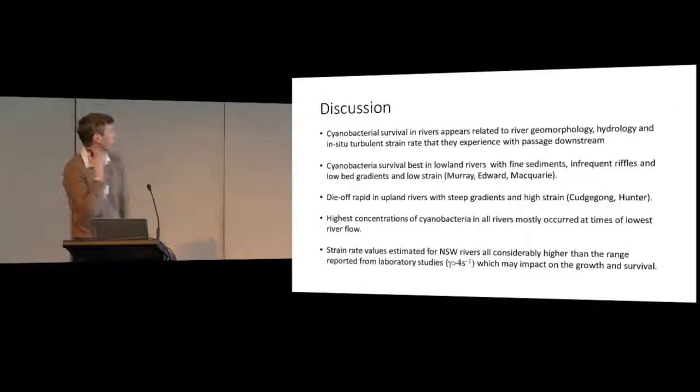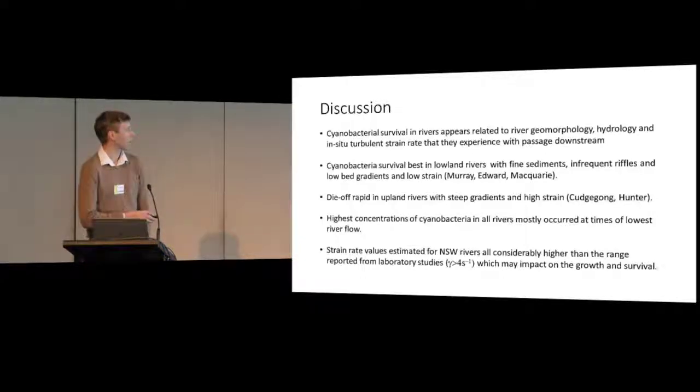All right, in terms of discussion, looking at the direct plots of the algae biovolume along the length of the river, you can see there is a trend. Going down the river, there is a decrease. Survivability is greater in the Murray, Edward and Macquarie rivers, where the slopes are much less and the geomorphology is quite different as well.